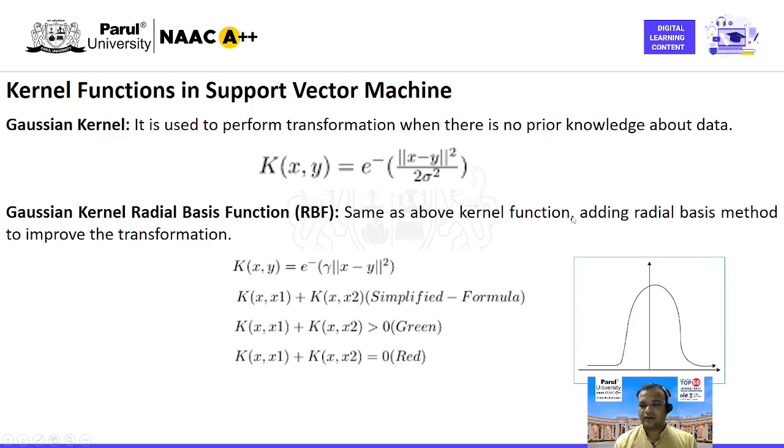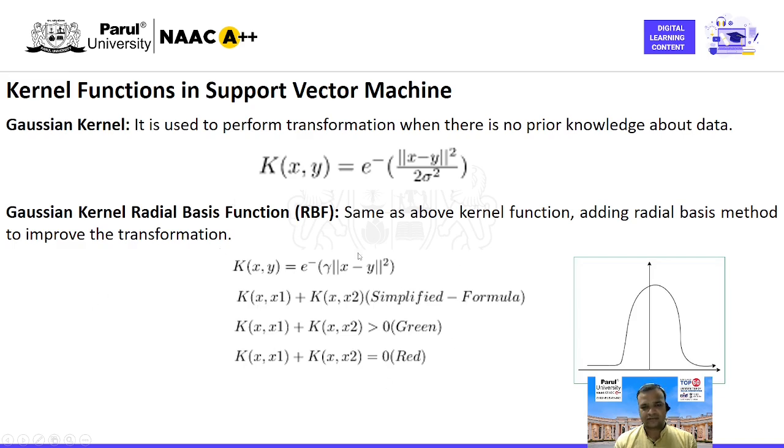It is the same as the kernel function, adding a radial basis method to improve the transformation. Whenever we add some radial basis method in the Gaussian kernel equation, that is called the RBF, radial basis function.